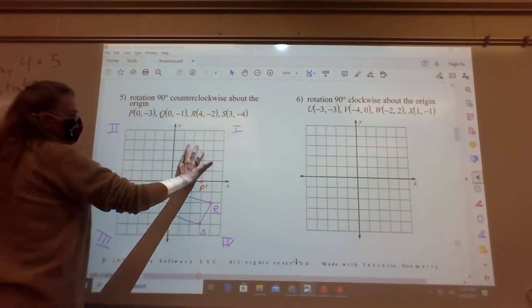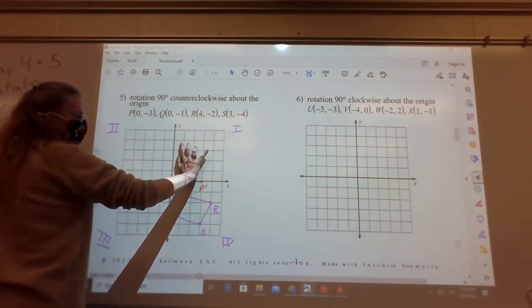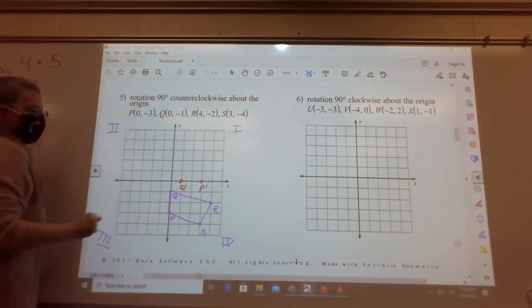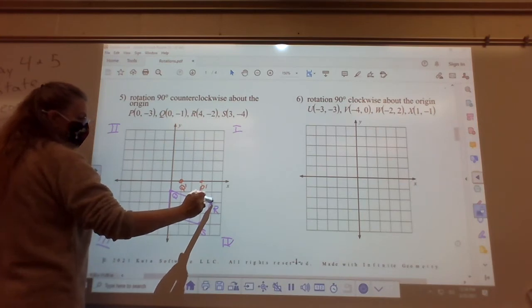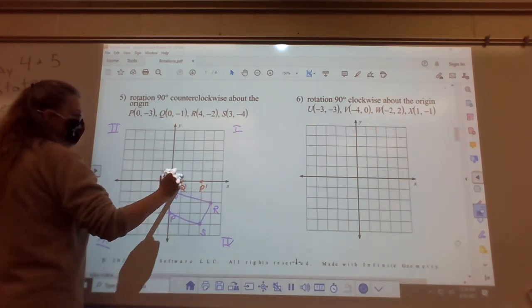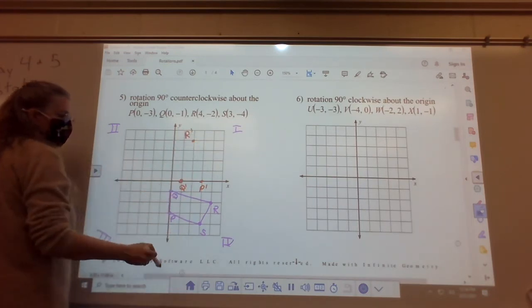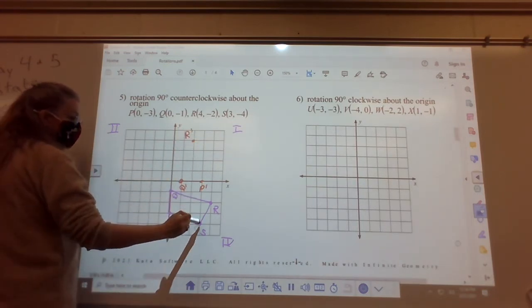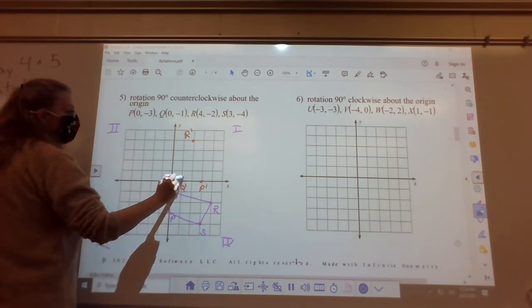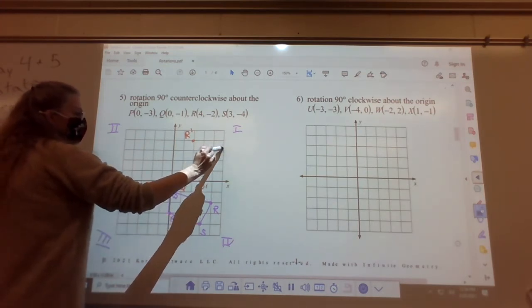RS is going to spin up here. RS, kind of here and here. 4, 2, switch it around to 4. That's my new R. S, 3, 4, switch it around, 4, 3. There's my S.